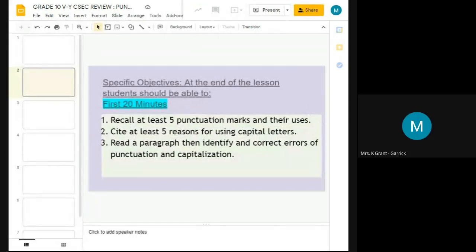So those are the objectives today. We want to recall at least 5 punctuation marks and their usage, cite at least 5 reasons for using capital letters, read a paragraph, then identify and correct errors of punctuation and capitalization.